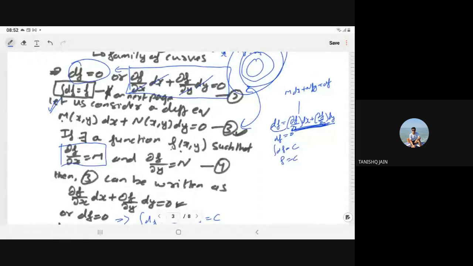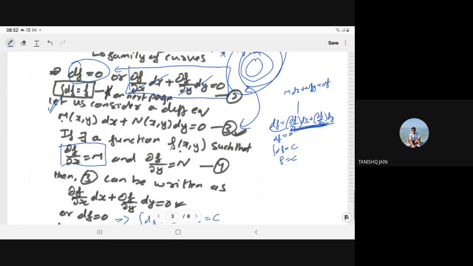We are checking whether any given equation M dx plus N dy is exactly integrable or not. So we just replace this as M and this as N.